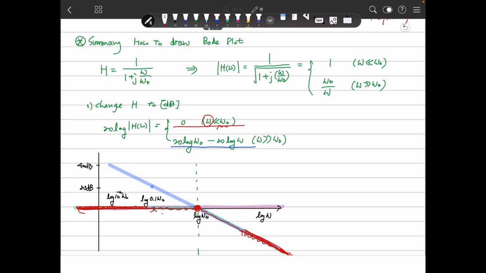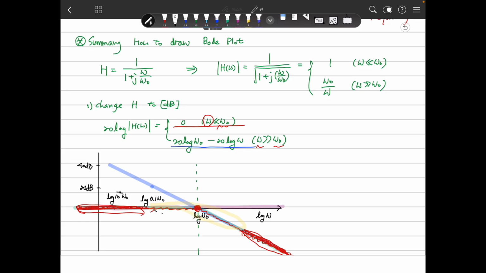We have two assumptions: omega is very small compared to omega 0, and omega is very high compared to omega 0. So those are okay. The problem is in this area. It's a little bit different.